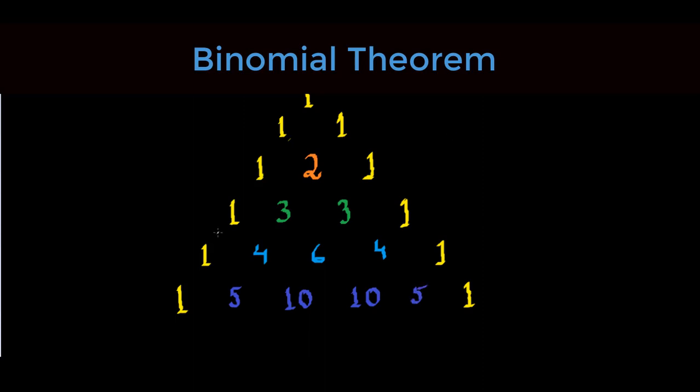Let me draw the final one. So 1 on both sides, then we add 1 and 5 to get 6, 5 and 10 is 15, 10 and 10 is 20, 10 and 5 is 15, and 5 and 1 gives us 6.